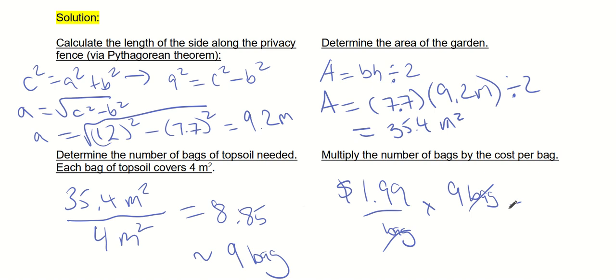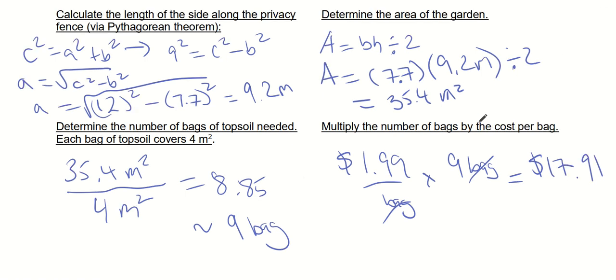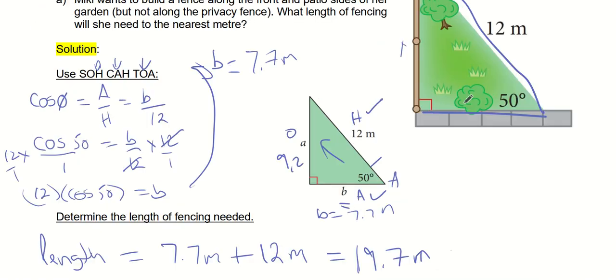Bags cancel out. We end up with $17.91. It costs you $17.91 to cover your entire backyard with topsoil.